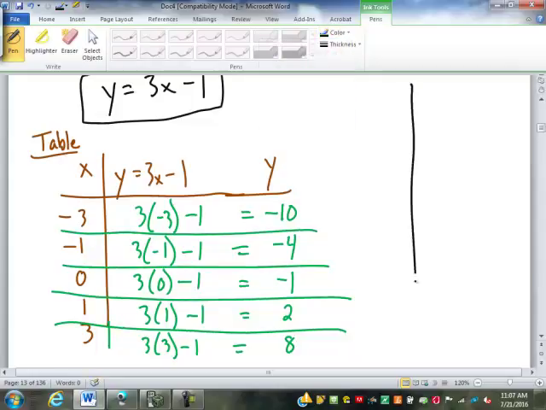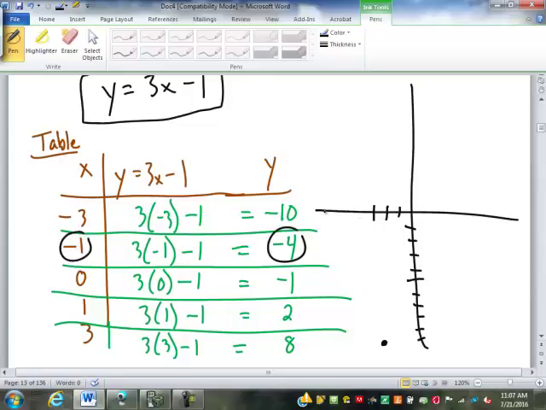So what this is saying is on a graph, I can plot x is negative 3, y is negative 10. There is one point that's on that graph. X is negative 1, y is negative 4, negative 1, negative 4 would be right there. These are really ordered pairs.